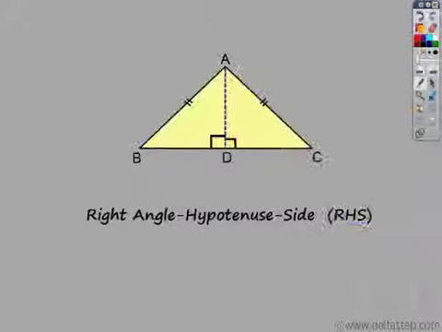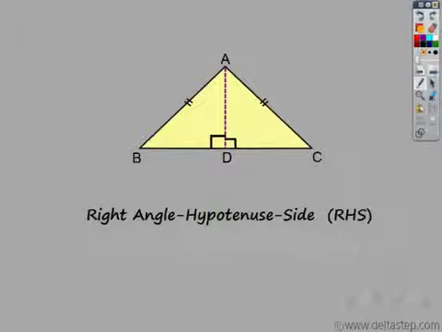So let us do that. I make AB equal to AC. AD is the common side, and we have 90 degrees. So now these two triangles are congruent by RHS. If you look at the larger triangle ABC, it has two equal sides, so it's basically an isosceles triangle.